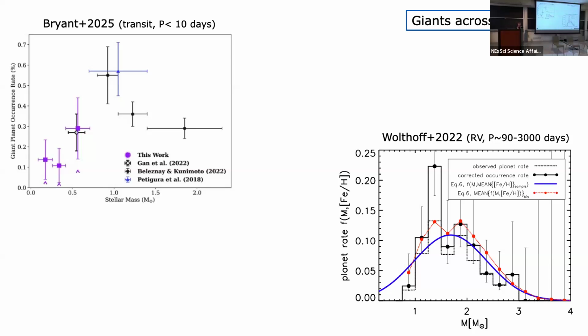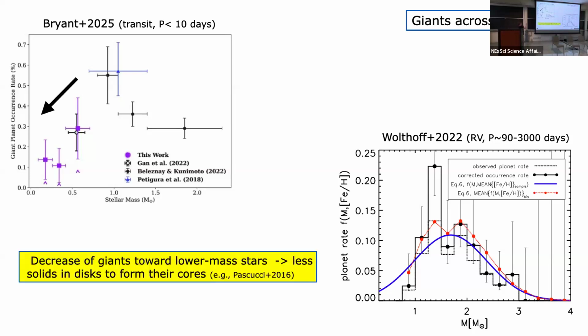I'm not going to comment on that, but I want to comment on why we think we have this first increase and then a decrease. Looking at the occurrence rate towards the lower mass stars, this trend could well be due to the fact that we have fewer solids in the disk to start with.